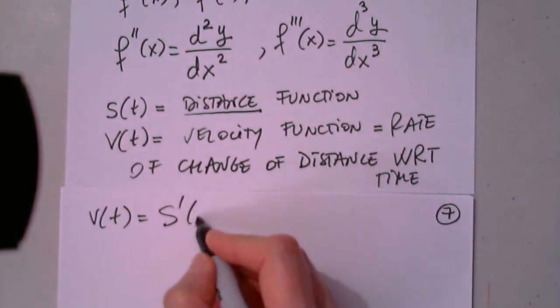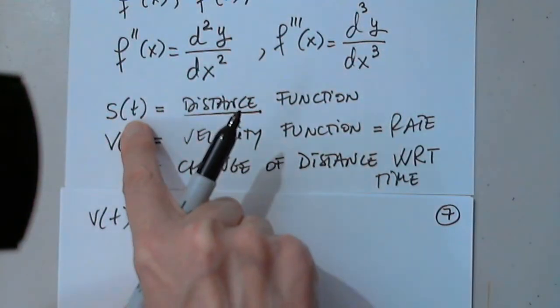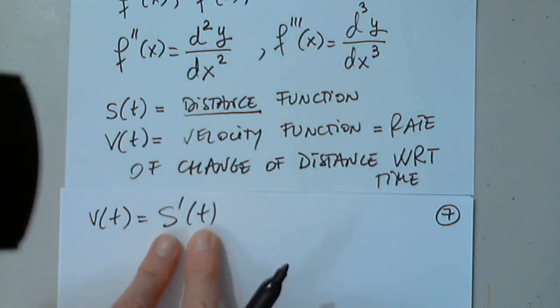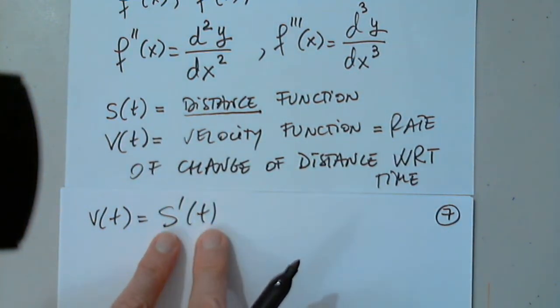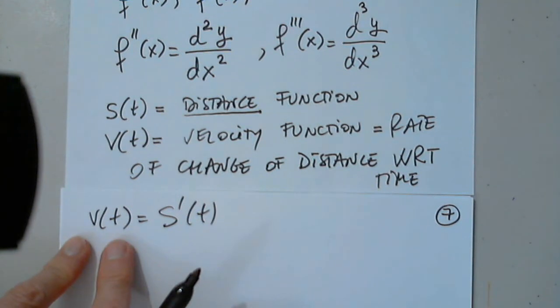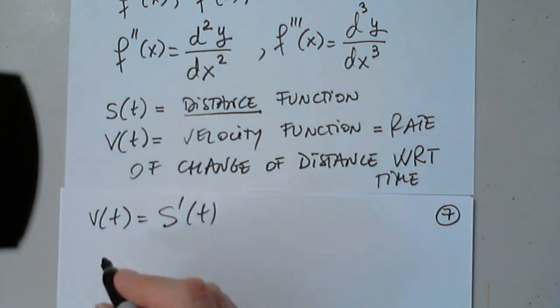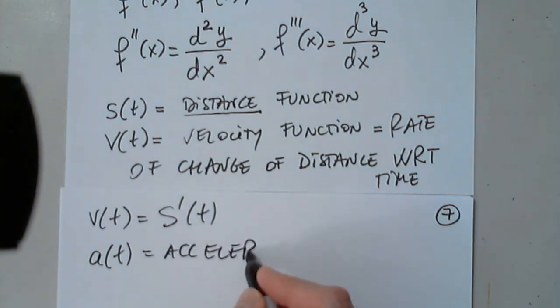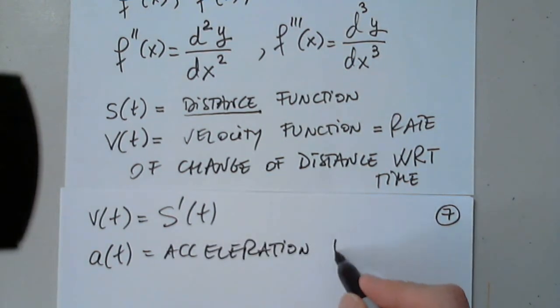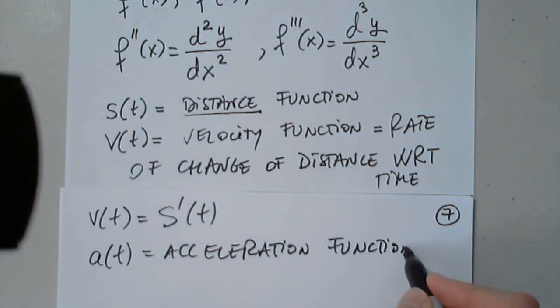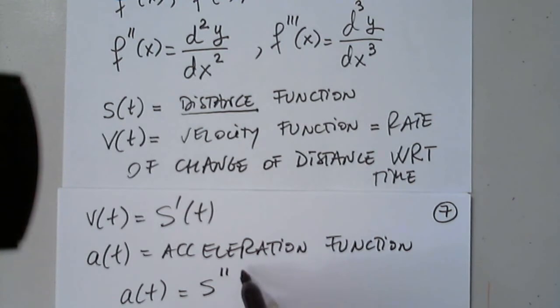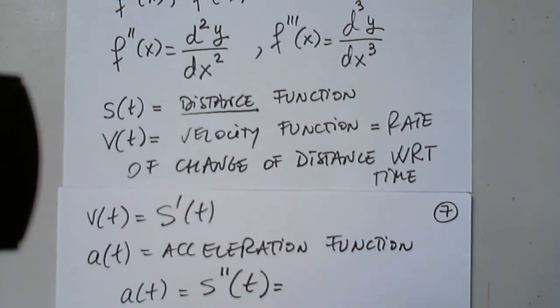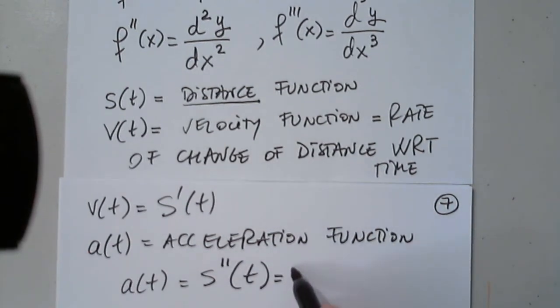It's s prime of t. By definition, if this is the function, this will be the rate of change, and the rate of change is nothing else but velocity. What will be the acceleration? Is it s double prime? Excellent. The second derivative of the distance, but also the first derivative of the velocity.